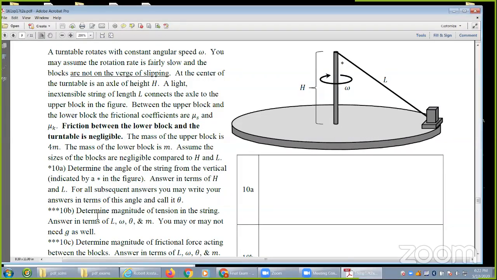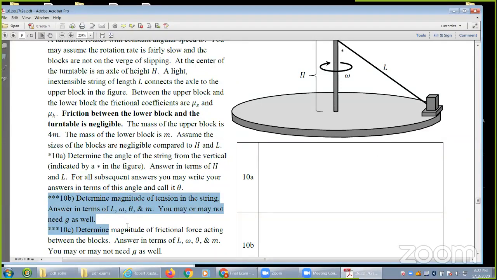So now look at this. What type of problem is this one? Yeah, tension's a force. Makes me think about doing an FBD. Is this thing spinning around?